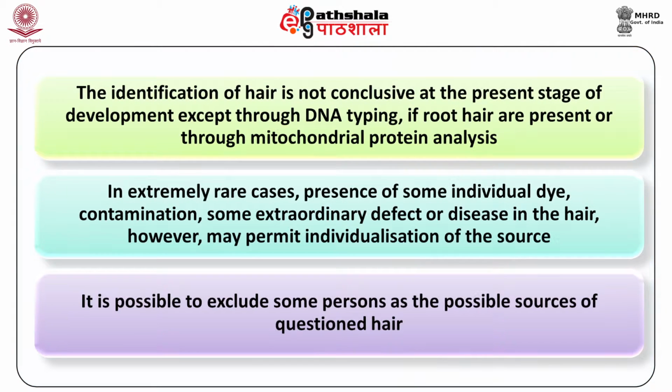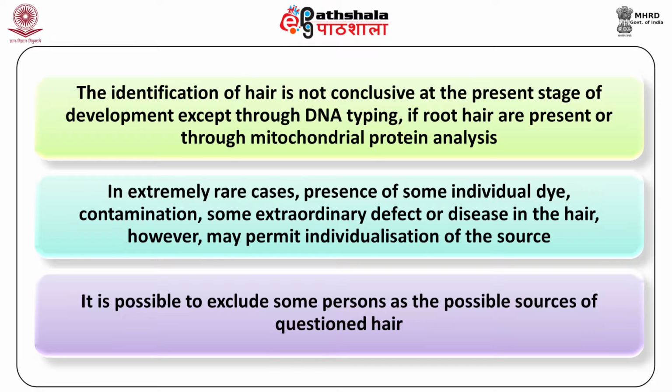The identification of hair is not conclusive at the present stage of development except through DNA typing, if root hair are present, or through mitochondrial protein analysis. In extremely rare cases, presence of some individual dye, contamination, some extraordinary defect or disease in the hair, however, may permit individualization of the source.